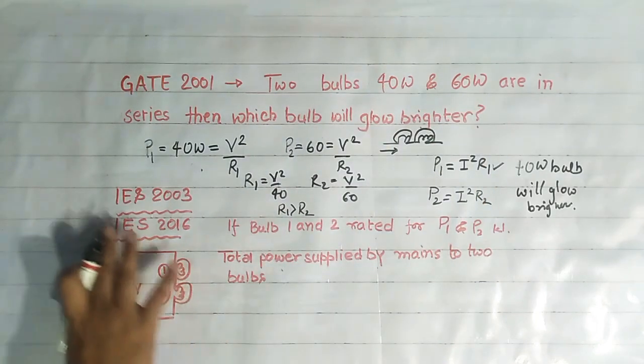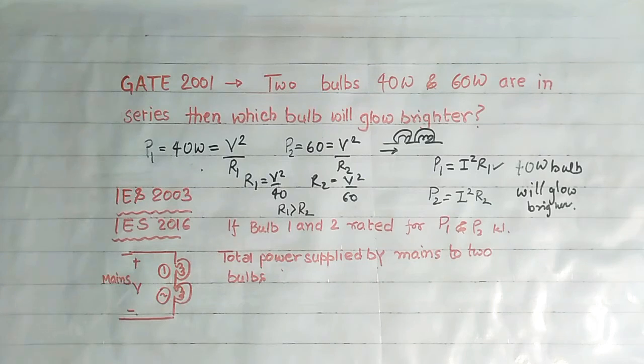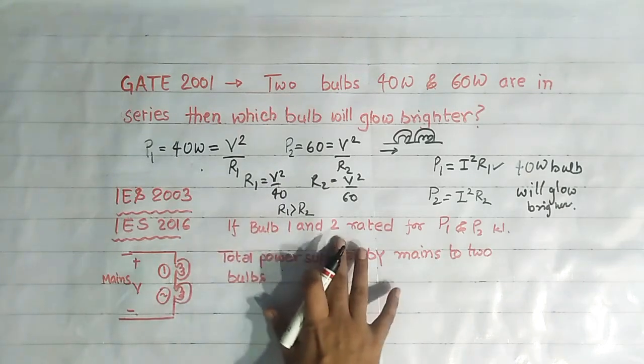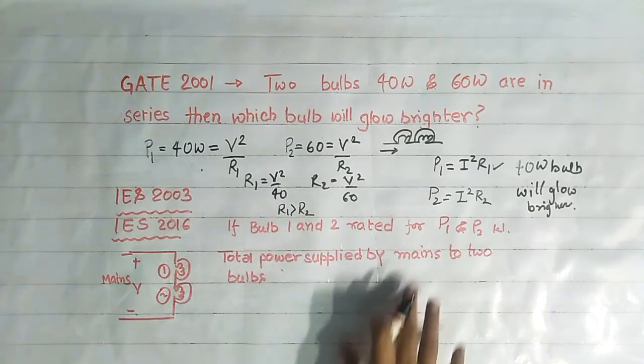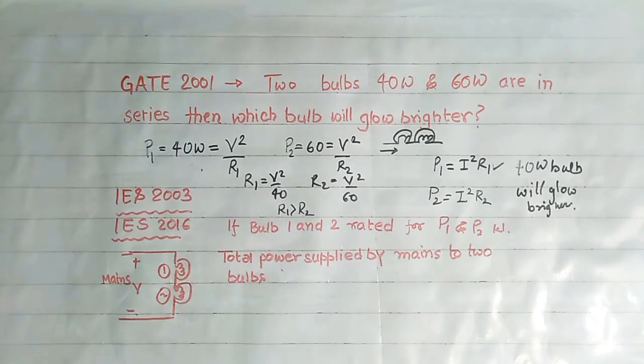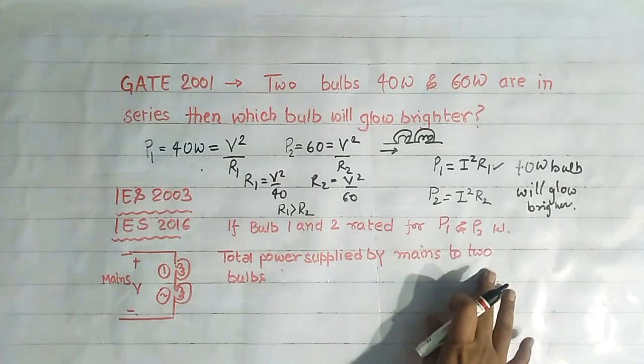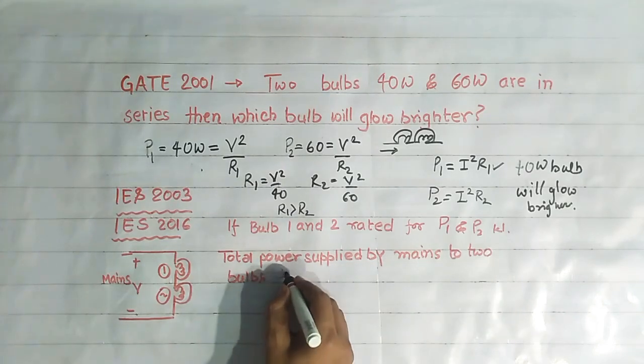Now see this question that has been asked in ES 2003 and ES 2016. Here bulb 1 and 2 are rated for power P1 and P2. Okay, these two bulbs are connected in series, supplied with voltage V, and they are rated for power P1 and P2. Now we have to find total power supplied by the mains to two bulbs.